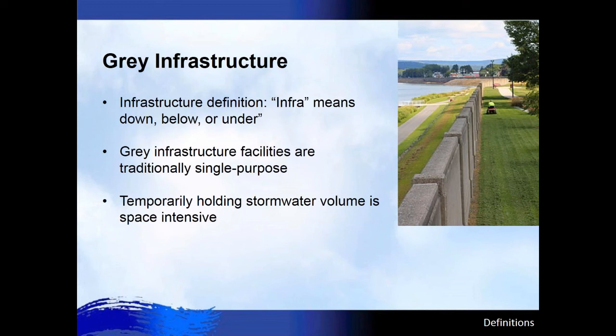Large areas of land have been cordoned off, like this picture here, with a big fence for single purposes such as stormwater management, storm surge, ocean surge, and water treatment. And so often gray infrastructure separates functions in the name of safety, which is good, but we can often do a little bit better on that.